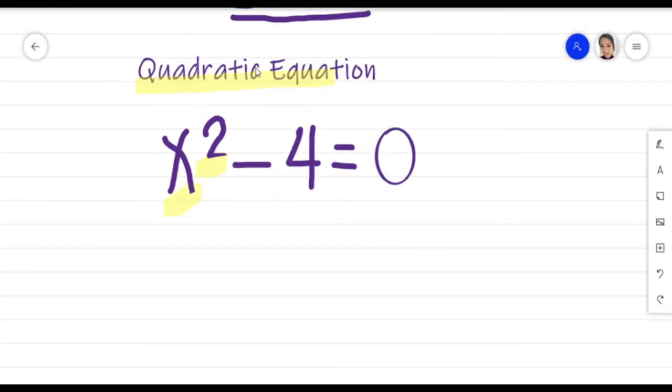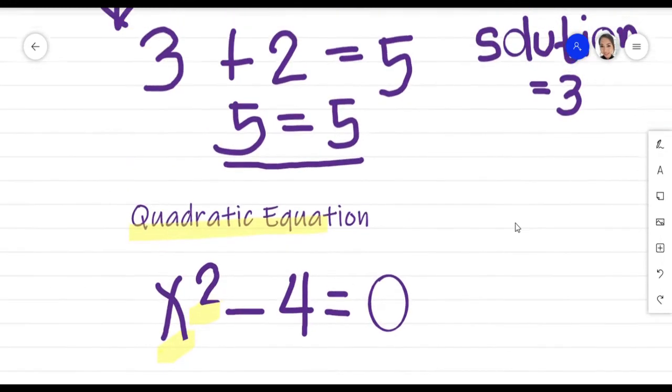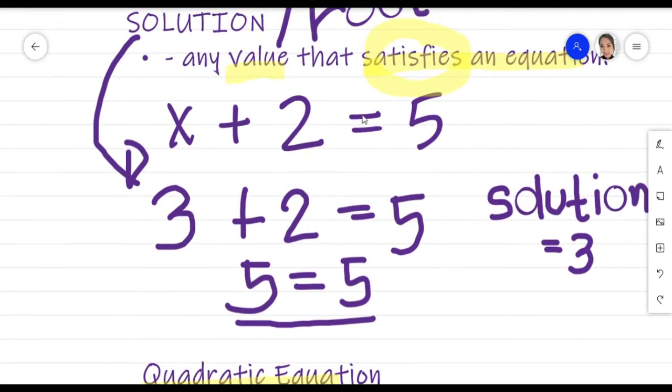Now, we have here the quadratic equation x squared minus 4 equals 0. As a review, this equation is called a quadratic equation because the highest exponent of our variable x is 2. Now, let's go back to the first equation we had earlier, x plus 2 equals 5. Notice the variable x has an invisible exponent of 1.